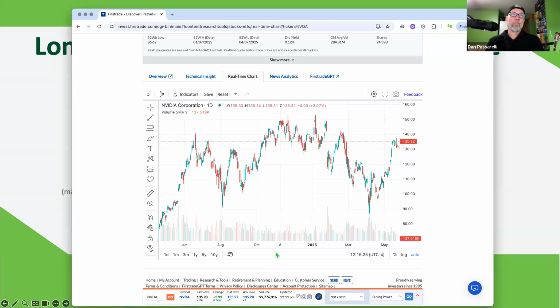Like, our chip's going to be different, like DeepSeek in China, where the chips use way less energy than the current NVIDIA ones. Is NVIDIA going to be a dinosaur in a year? Or is it going to do something even more revolutionary and sell a whole bunch more chips? I don't know. Nobody knows. So that's why we have all this volatility.